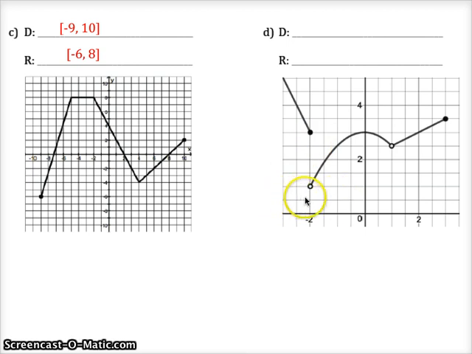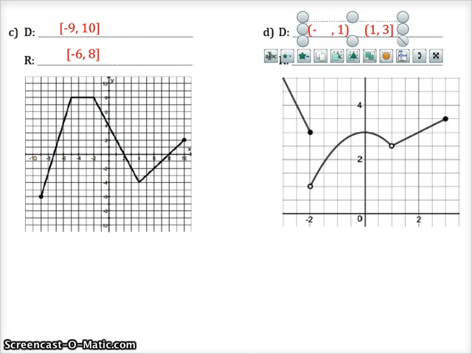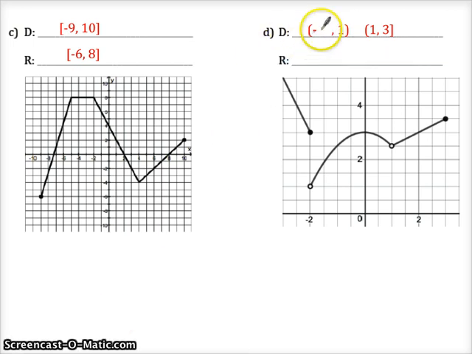It can be anything up to and including -2, and then from -2 onward, it picks up down here. It stops at, is this actually 4? No, this is 3. Sorry, I actually had to sneeze that time. So yeah, we go from negative infinity up to 1, not including 1, and again, this is 1 here. You have to be careful of where the tick marks go. And then we pick up again at 1 and go to 3, and we do include 3.